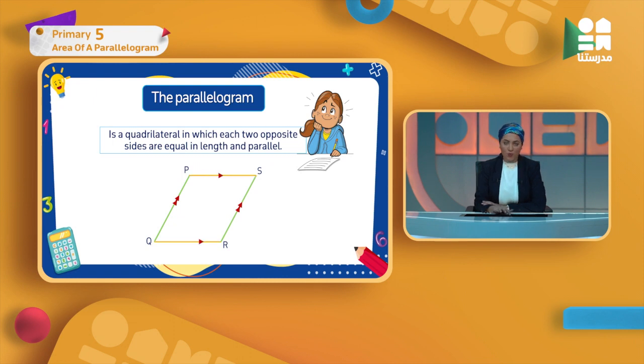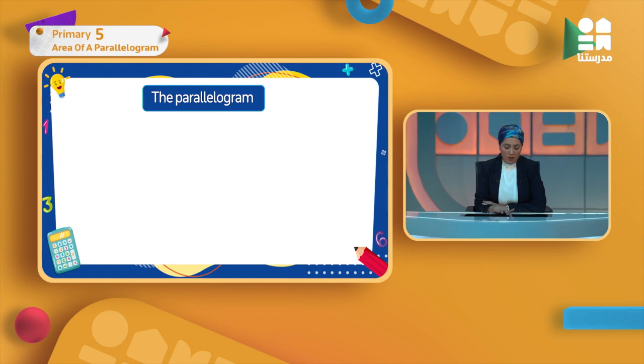As you see now, the two orange ones are parallel and equal, and the two green ones are parallel to each other and equal in length. Now, the height of a parallelogram. How can I get the height of a parallelogram?